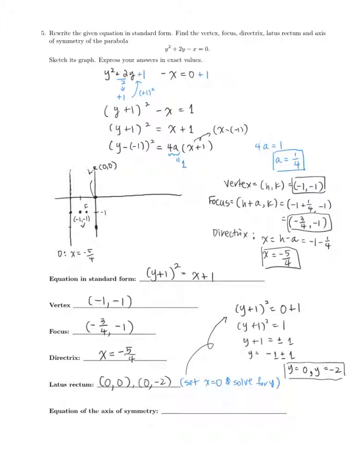So it looks like our graph is going to look something like this. As you can see, the equation of the axis of symmetry is nothing but y equals negative 1. So let me just fill in the answer box. Okay, here it is.